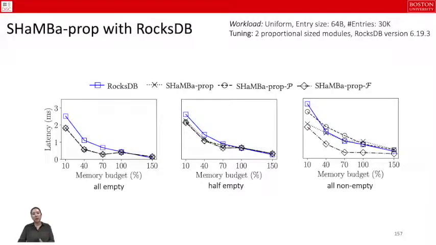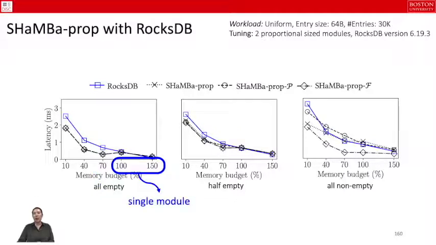The second case is when there are two modules with different sizes. We set the size of the first module proportional to the memory budget. For example, when there is a 10% memory budget, the size of the first module is 10% of the entire filter. When there is a 70% memory budget, the size of the first module is set to 70% of the filter.